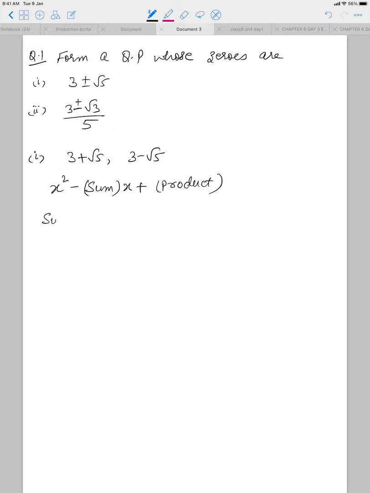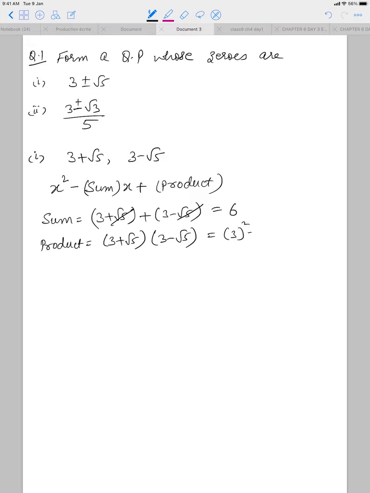Now we'll find out the sum of the zeros in this case. It is 3 plus root 5 plus 3 minus root 5. This and this will get cancelled, and we are left with 6 here. And product of the zeros will be equal to 3 plus root 5 into 3 minus root 5. That gives you a square minus b square identity we are using.